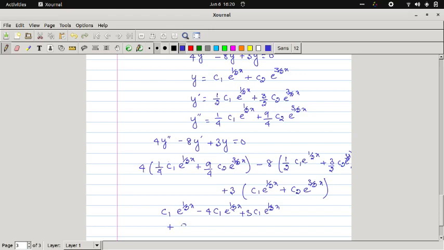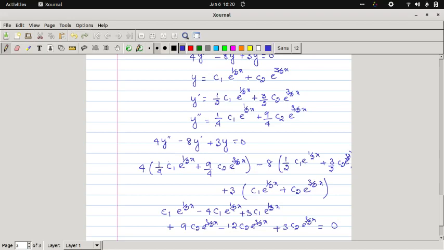Plus this term is 9 times c2 exponential of 3 by 2x, and here it is minus 12 times c2 exponential of 3 by 2x, plus 3 times c2 exponential of 3 by 2x. So 9 plus 3 is 12, 12 minus 12 is 0. So it automatically satisfies the given equation. This is what the superposition principle says.